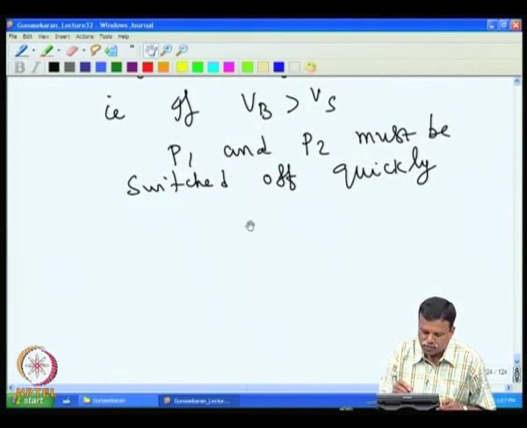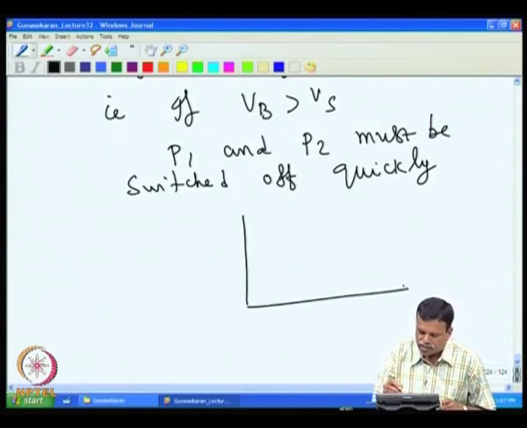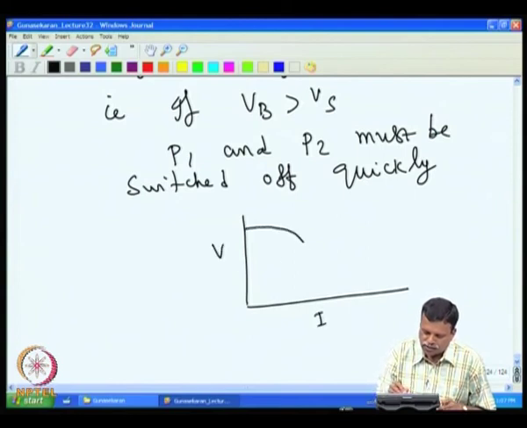If we take one single cell, plotting voltage versus current, you get a curve like this. So as it draws more current, the voltage decreases.